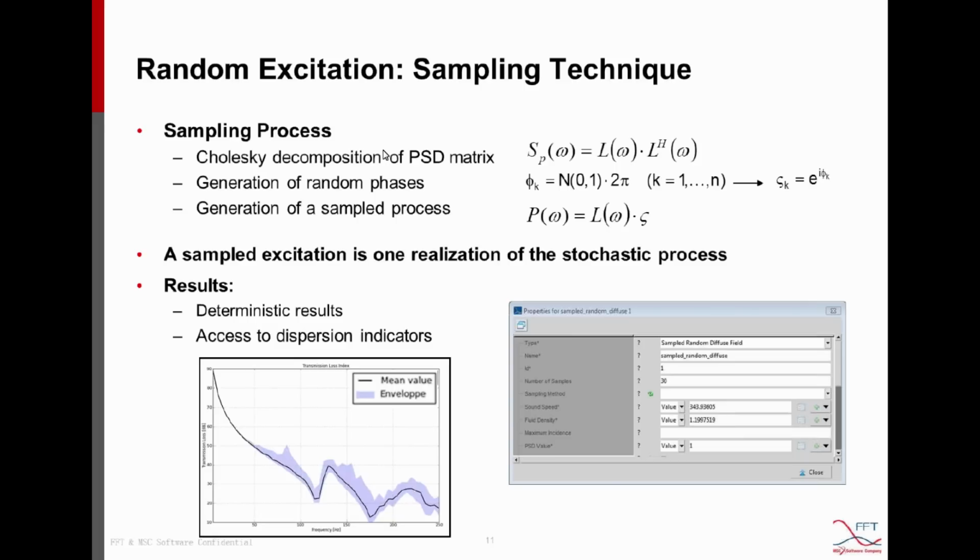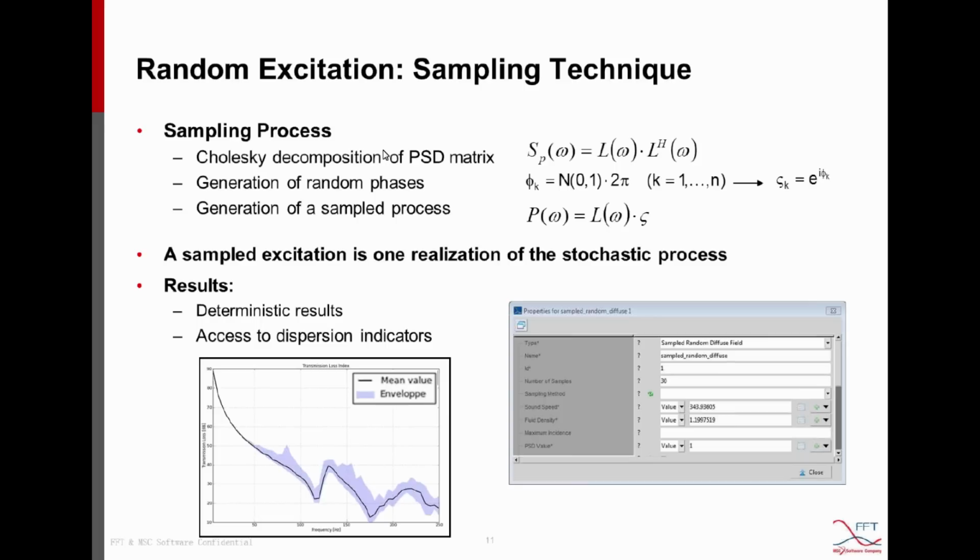Then this sample excitation will be applied on the numerical model to calculate the response. Of course, each response has a deterministic nature, but if we calculate the average results of these realizations, then we will approach the expected response created by the random excitation, given the number of samples is sufficiently high.